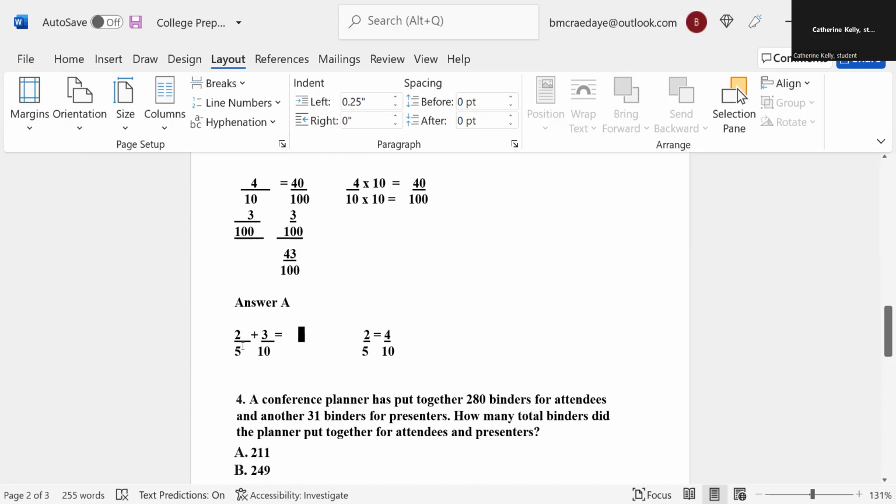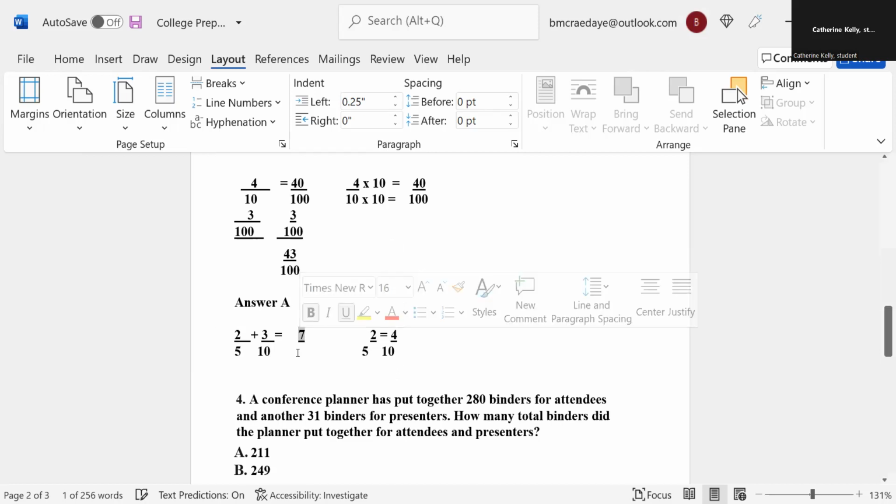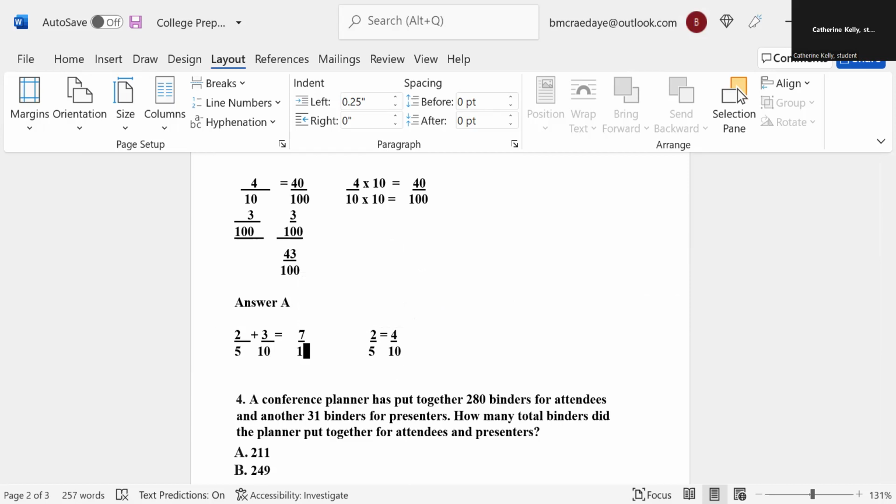You're adding these two, Catherine. So when you made your 2/5 into 4/10, what's 4/10 plus 3/10? Oh, 7/10. That's right, very good. After you multiply, you add the two numerators together.